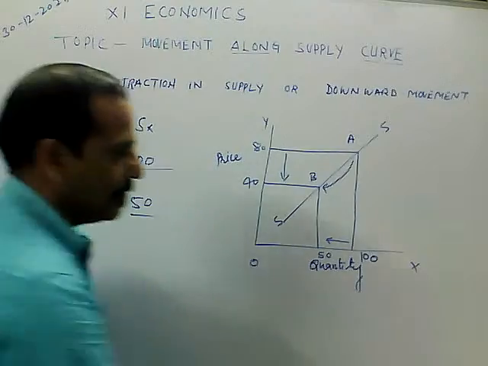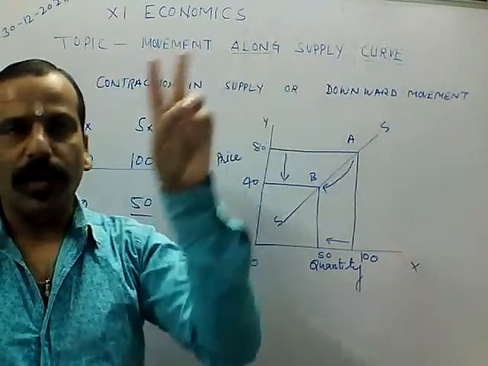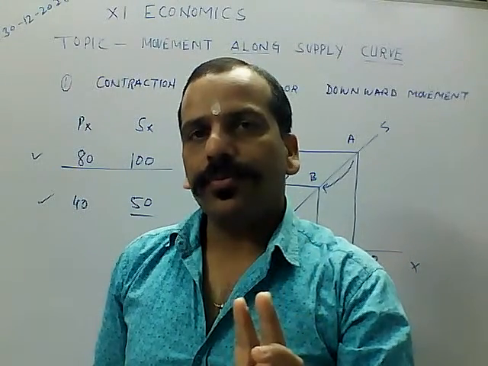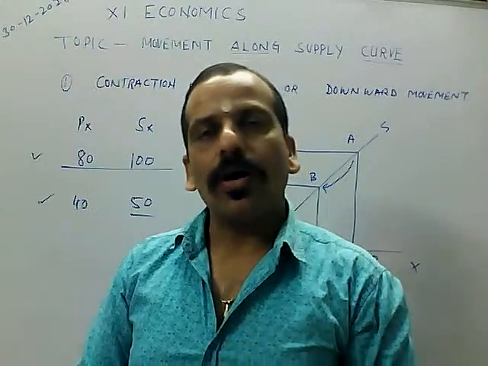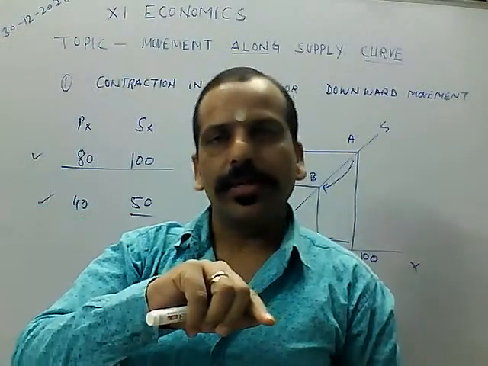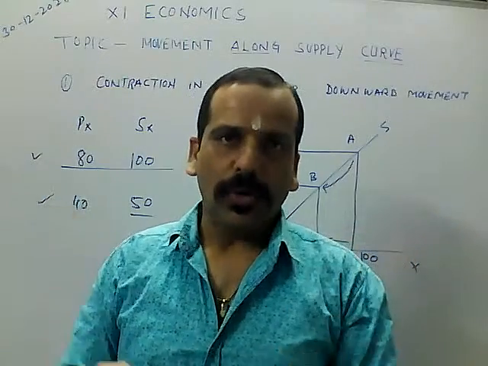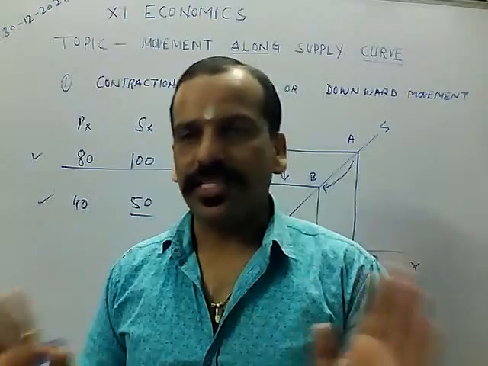Now second part. So movement along supply curve is over. One I taught you contraction in the supply. Second which I taught you, expansion and contraction in the supply or upward movement and downward movement in the supply curve. So when prices fall, contraction in the supply. When prices rise, there is expansion in the supply.